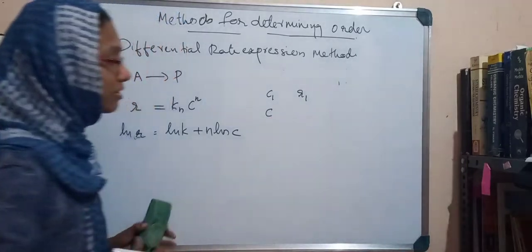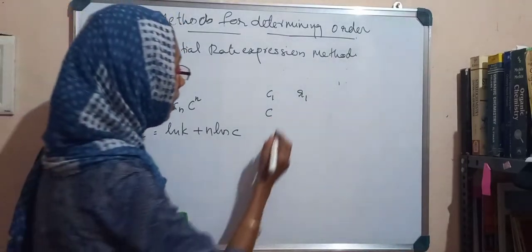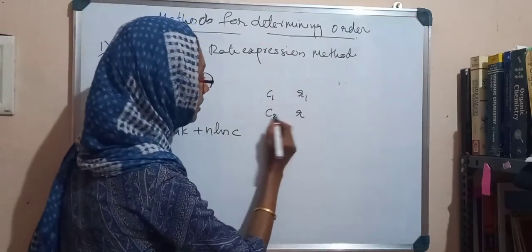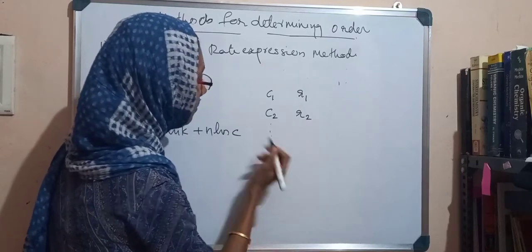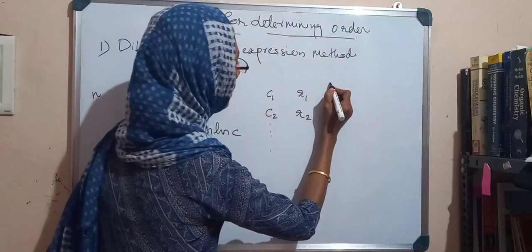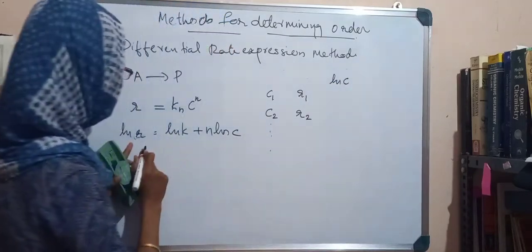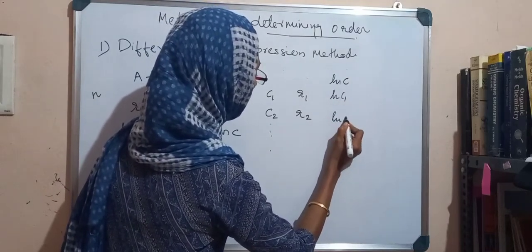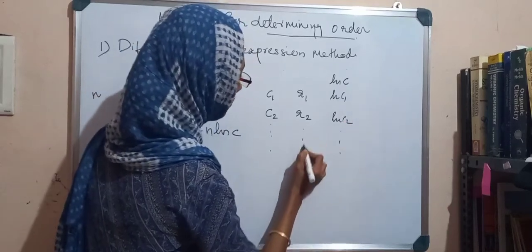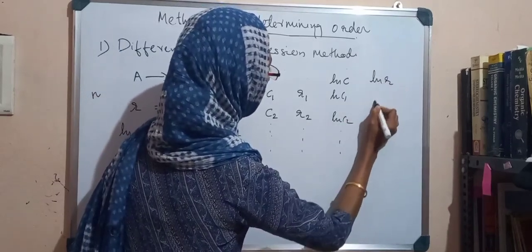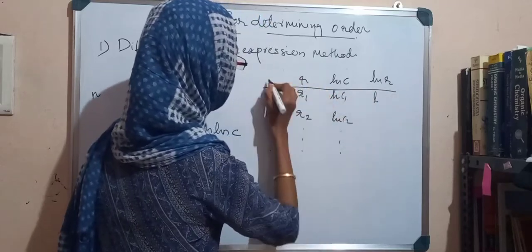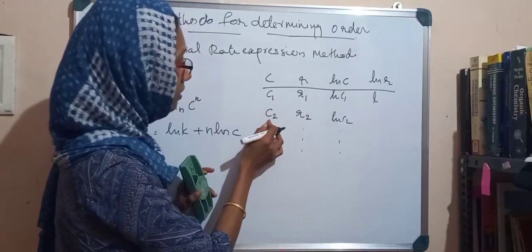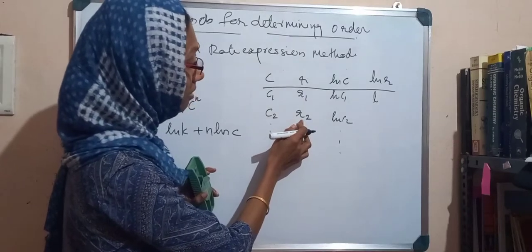Then at the same experimental condition we take another concentration C2 and determine the rate of the reaction at that concentration as R2, etc. And then calculate ln C1, ln C2, and the corresponding ln R.